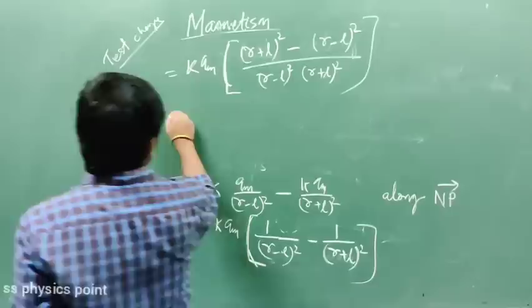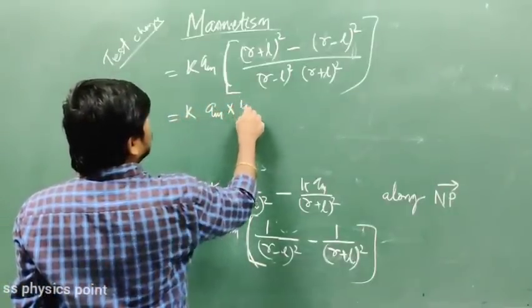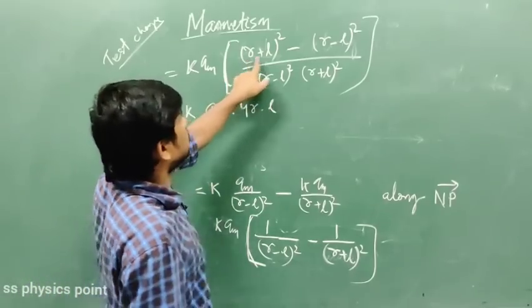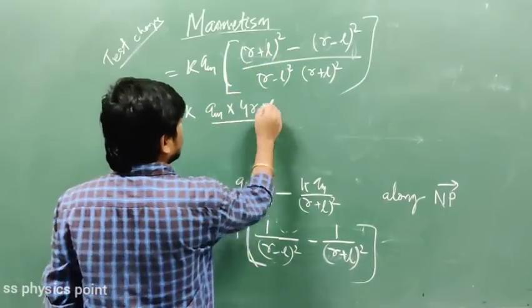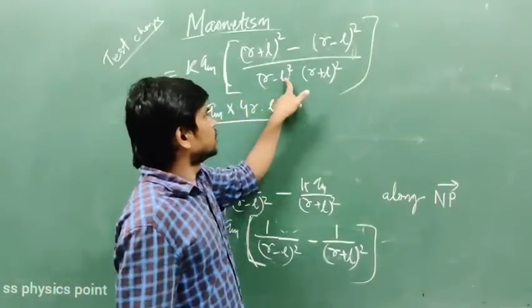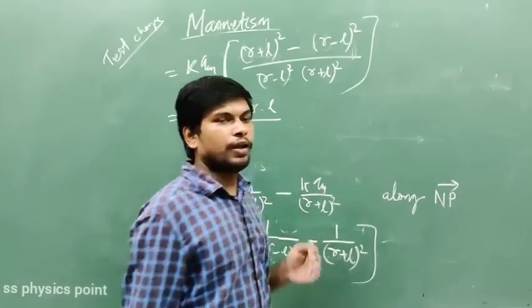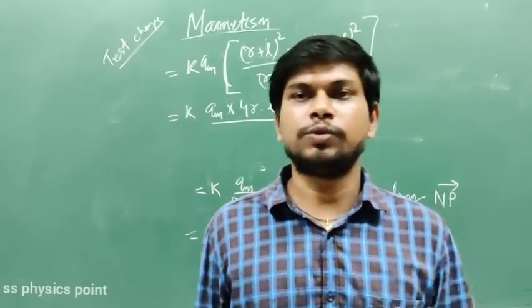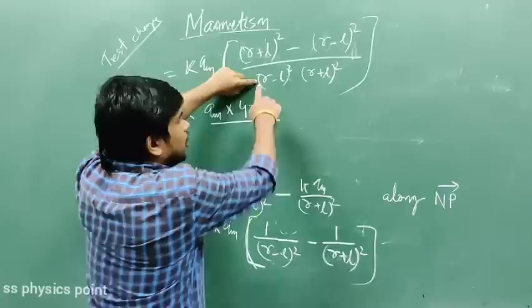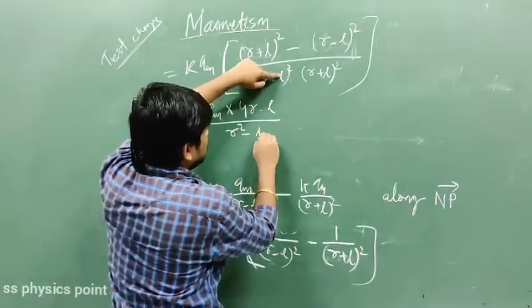So this will be K Qm into 4AB, divided by (A minus B) into (A plus B). You know that (A plus B) into (A minus B) equals A square minus B square. So A square, that is R square, minus B square, L square.